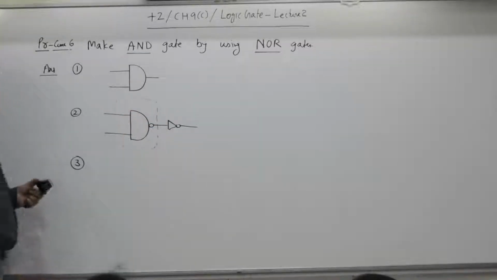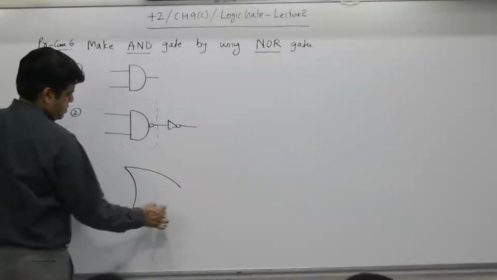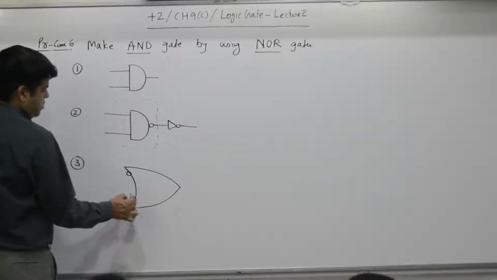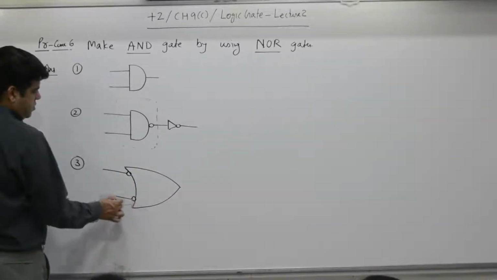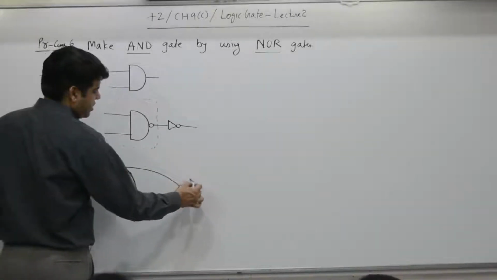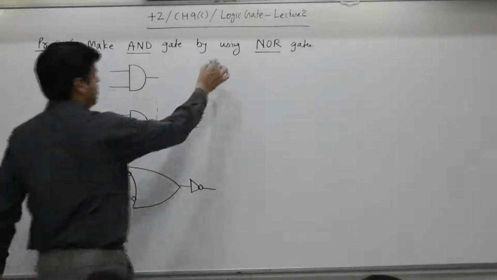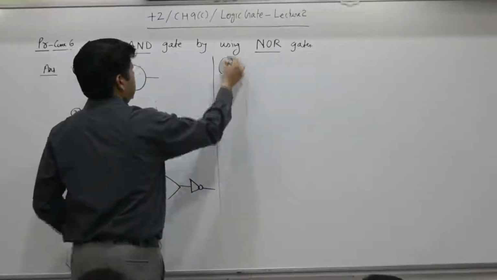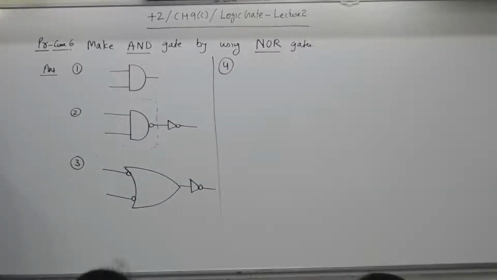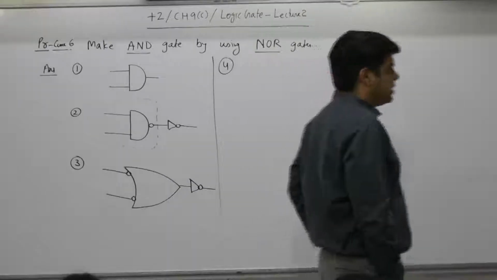AND gate ਦੇ ਅੱਗੇ ਇੱਕ 0, OR gate ਦੇ ਪਿੱਛੇ 2 zeros. And you can shift this NOT here. Agreed? पर कोई गल नहीं, थोड़ी देर में करते हैं. Fourth step, try. करो, अपने आप करो. NOR gates, in form of NOR gates.